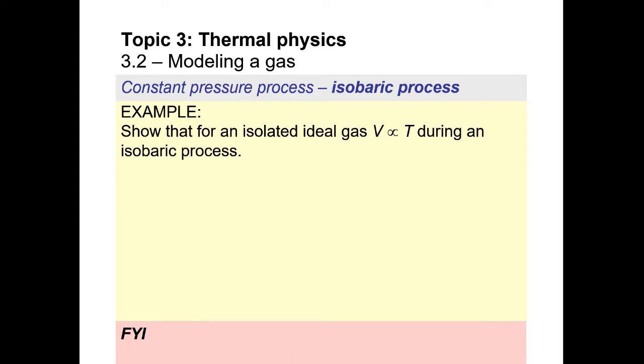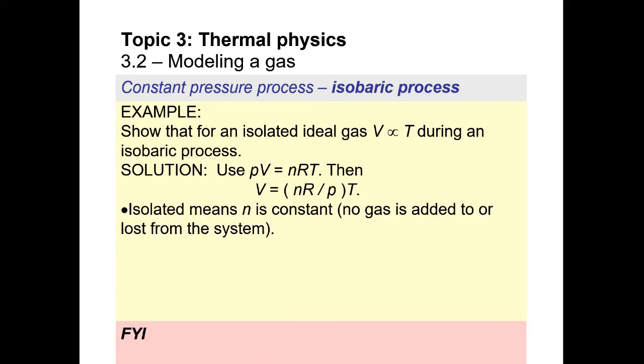So we're going to use the ideal gas equation, PV equals nRT, then volume equals nR divided by P times T. Isolated means n is constant. No gas is added to or lost from the system, so n is constant. Isobaric means pressure is constant.